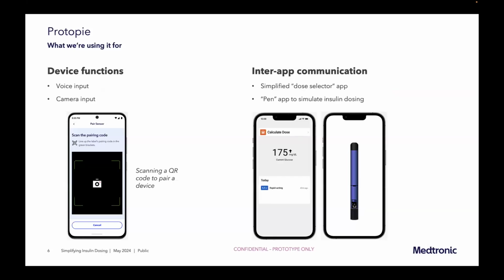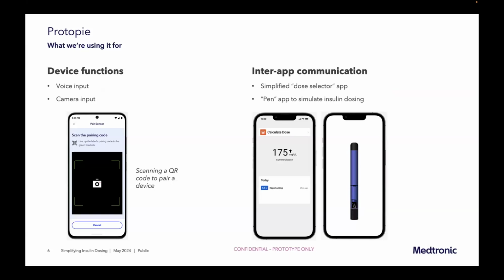So some of the things that we've done with ProtoPie, and we'll get into the right-hand stuff in a lot more detail pretty shortly, but on the left side, we created a prototype because ProtoPie can use the camera function on a phone.